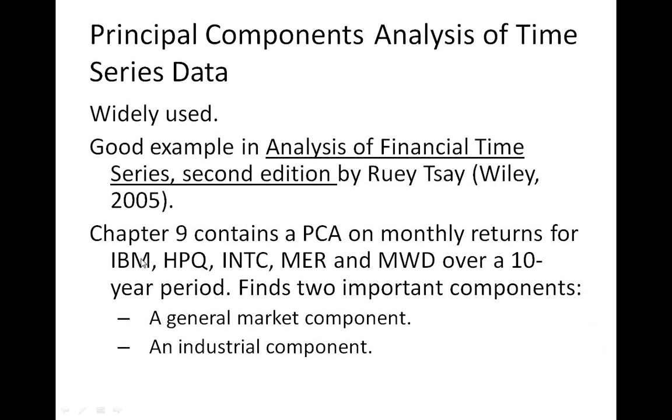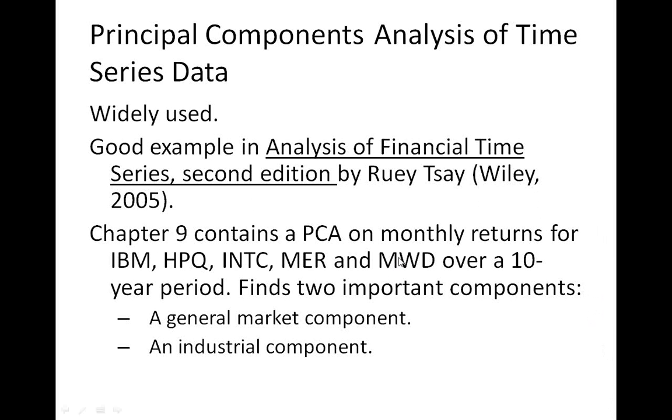He looked at IBM, Hewlett-Packard, Intel, Merrill Lynch, and Morgan Stanley. Good, I remembered what they were. And basically took monthly data over a 10-year period, that's 120 observations of each of those stocks at the same points in time, computed a correlation matrix, and did a principal components analysis on the correlation matrix.